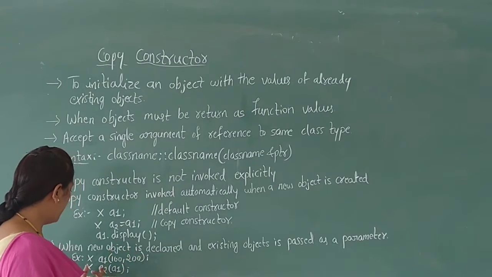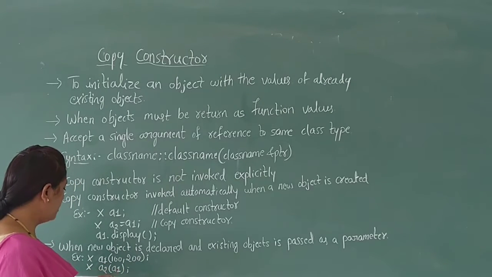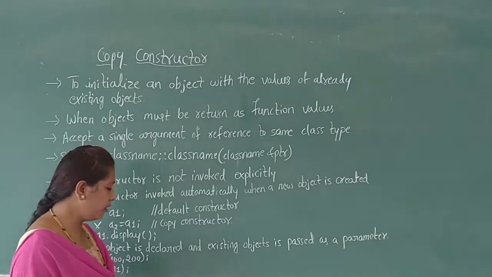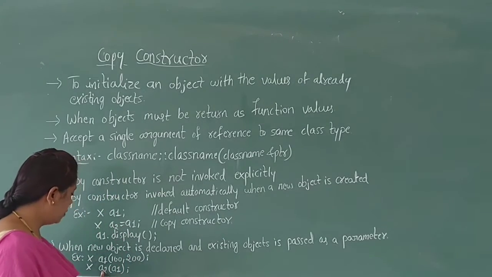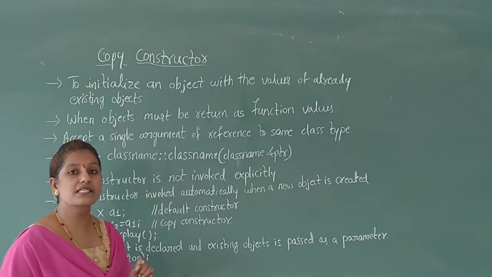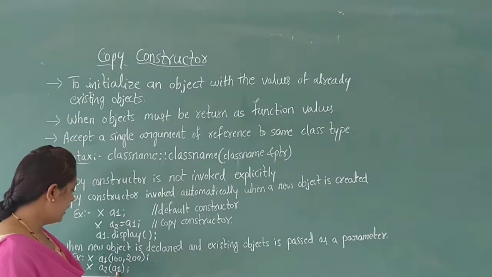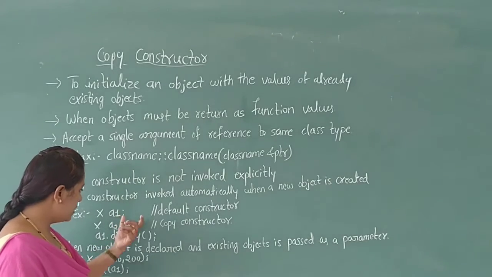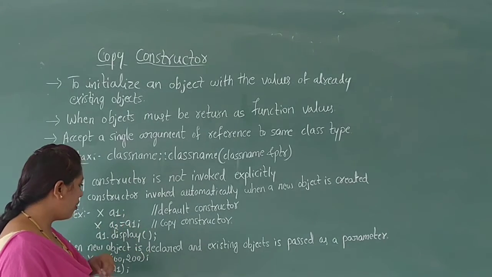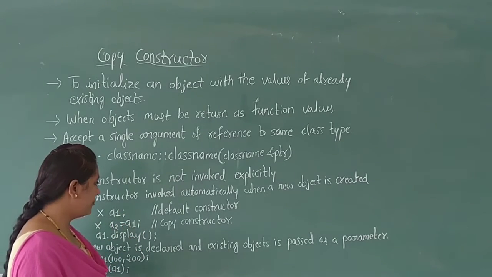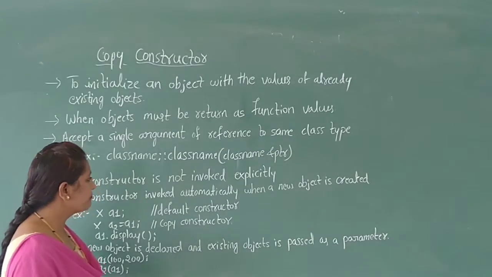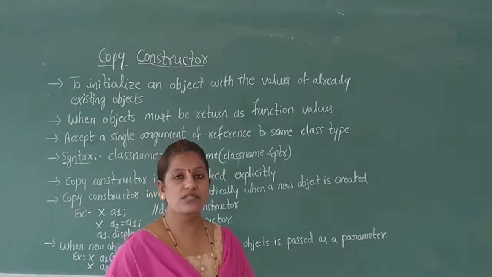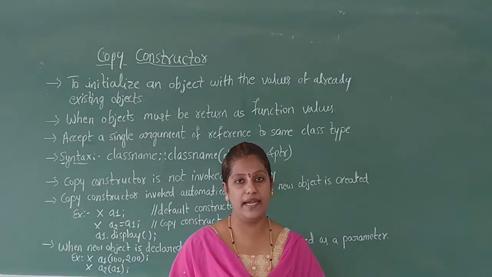In the next statement, x a2 of a1, the copy constructor is invoked for object a2 with a1 as parameter. Yes, in these two points the copy constructor is invoked implicitly and using the assignment operator.